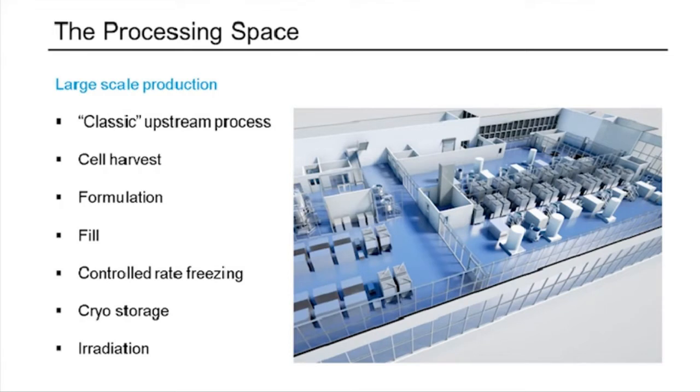After formulation, you'd be doing filling either into vials or bags typically, and then again a controlled rate freezing step likely so that you can then go into cryo storage for supply storage. And then for this type of production, you might have also an irradiation step where you might be cross-linking so that you don't have further cell expansion.